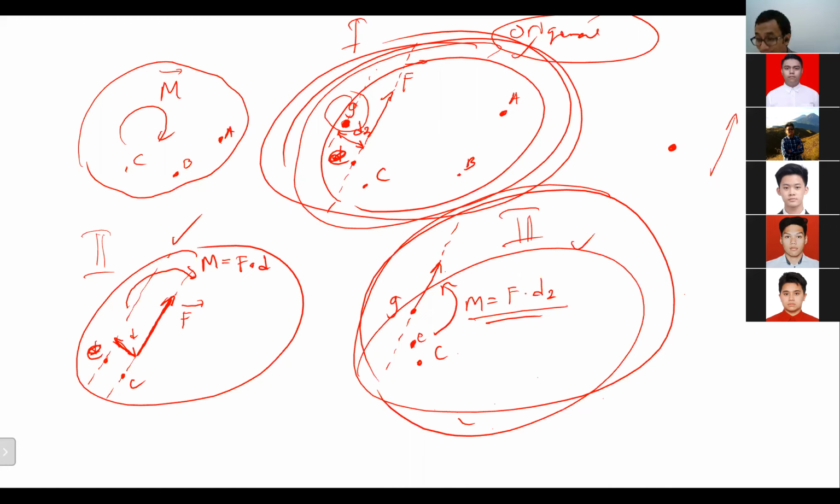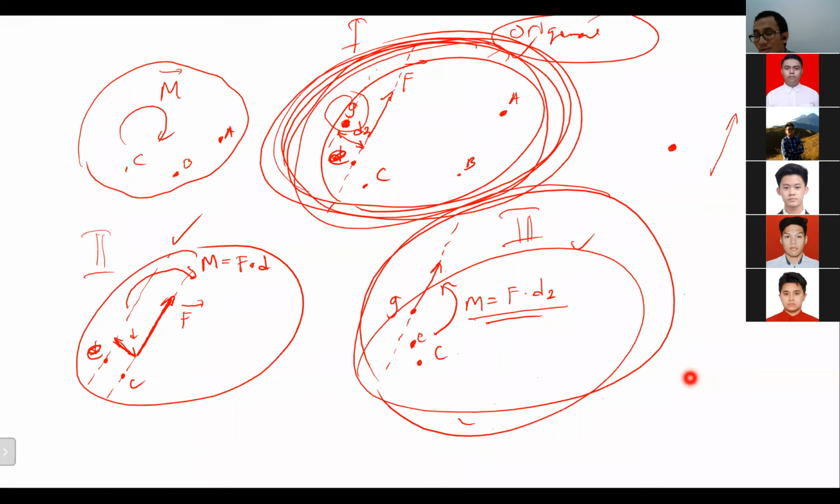After you move, I think I know what your confusion is. After we move it here, the moment is still counterclockwise, right? Yes. It's because we're supposed to think of the body as the original body, where the force is at the original position.